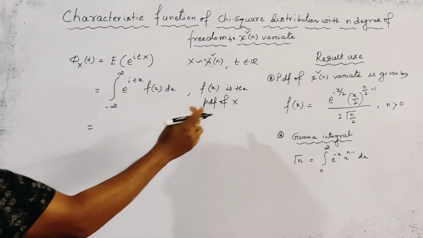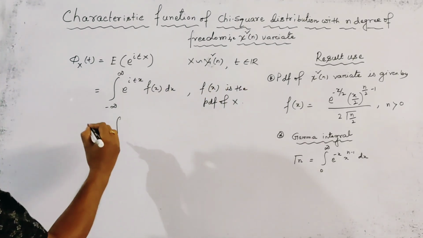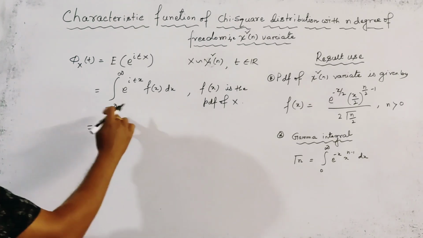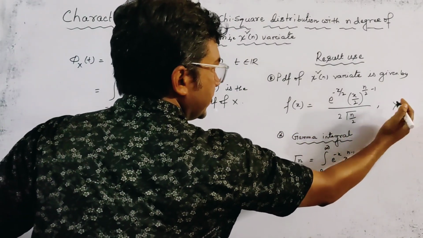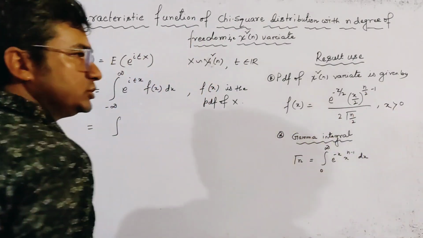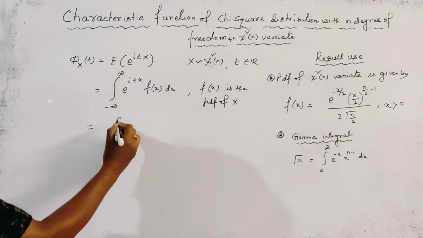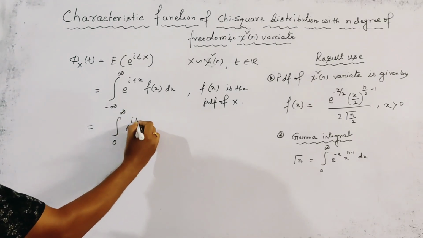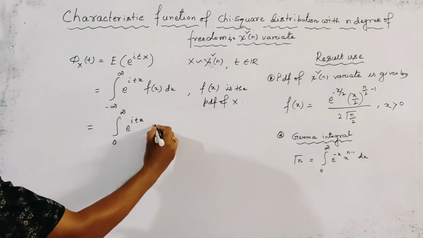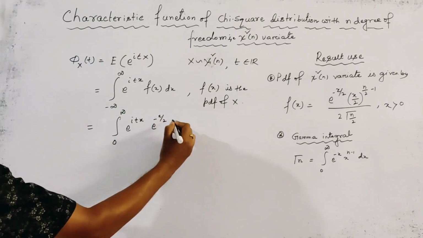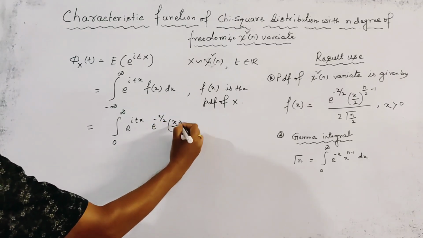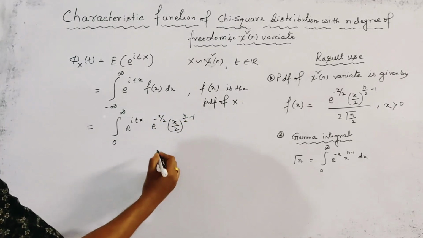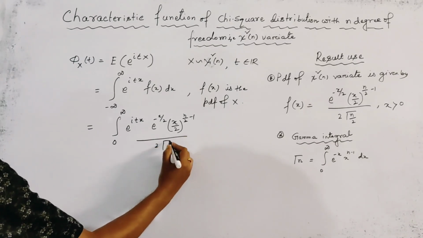We put this value and change the range to 0 to infinity, because here x is greater than 0. So we get the integral from 0 to infinity of e to the power i t x into e to the power minus x by 2 into x to the power n by 2 minus 1, divided by 2 to the power n by 2 into gamma n by 2, dx.